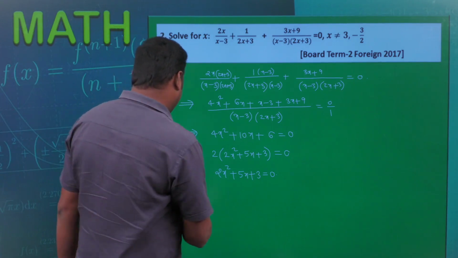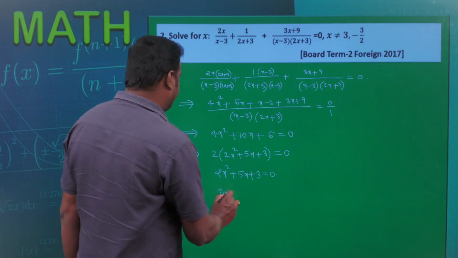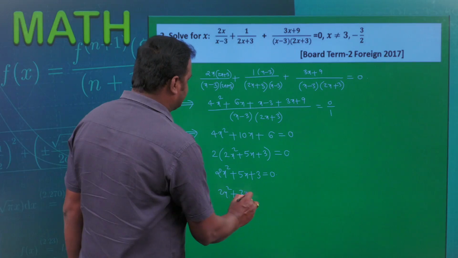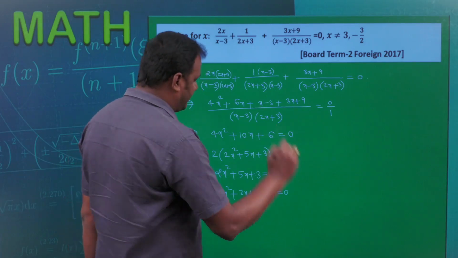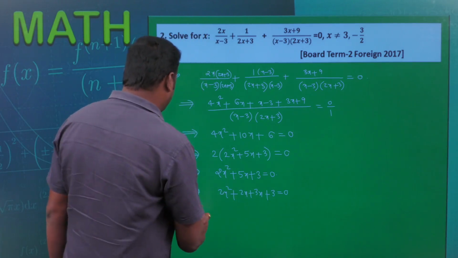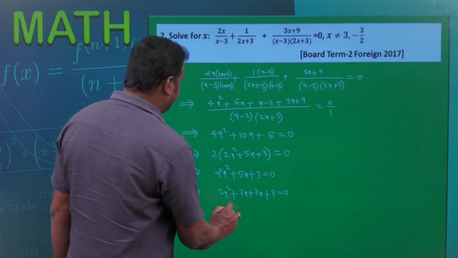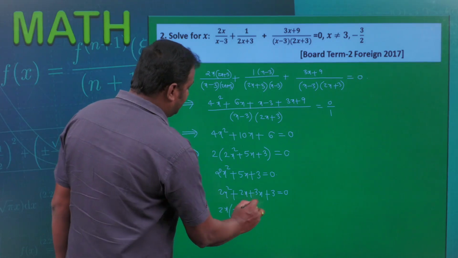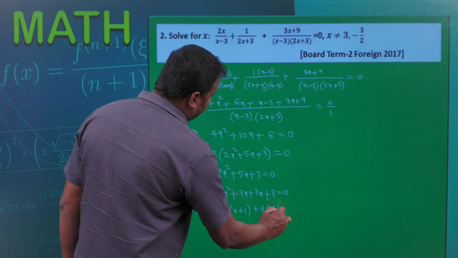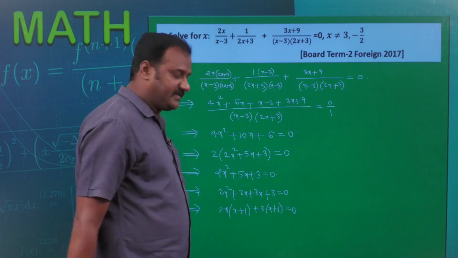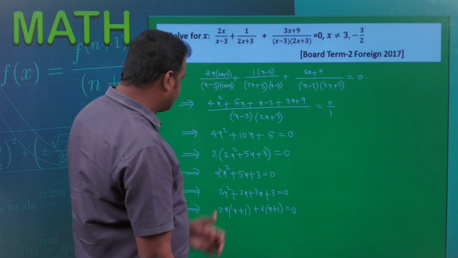So I can write this one as 2x square plus 2x plus 3x plus 3 is equal to 0. From the first two terms you can take 2x common, remaining x plus 1. From these two terms you can take 3 common, remaining x plus 1 is equal to 0. So totally we have the x plus 1 factor.